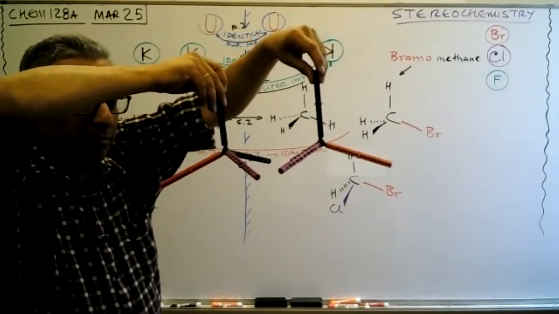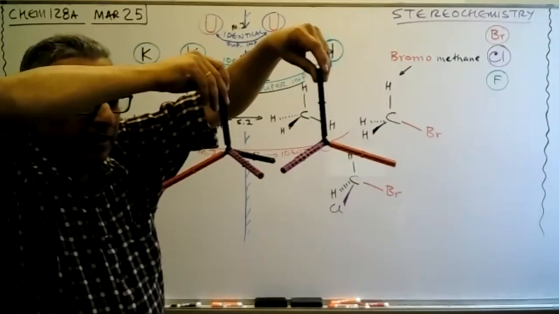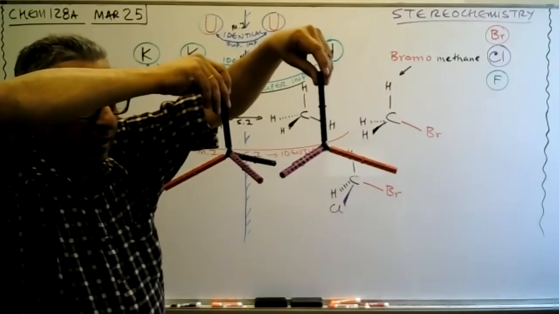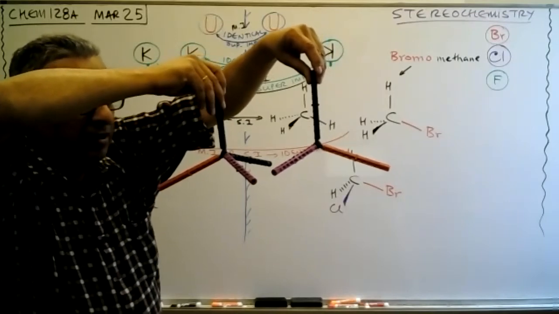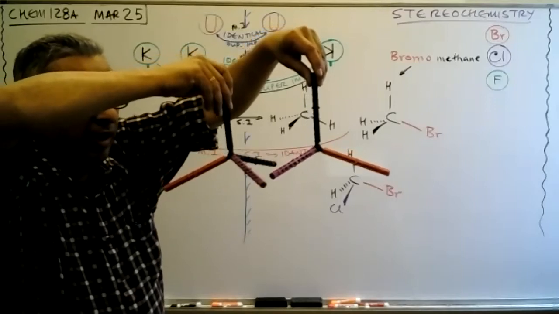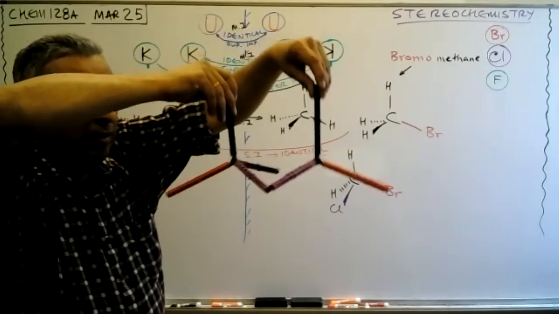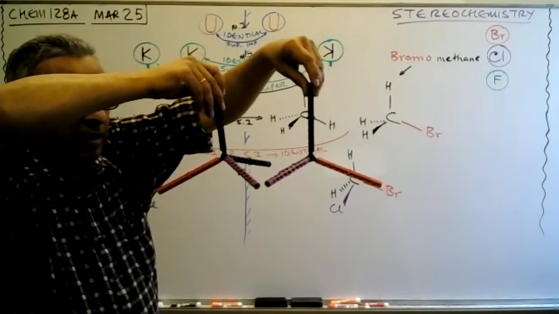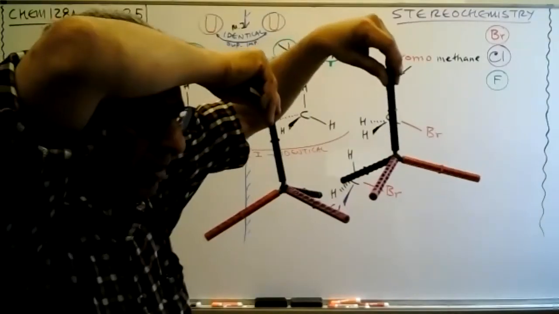Anybody else want to chime in? So if I try to lay the purple on top of the purple, the red on top of the red, do you think the blacks will line up? Yes. Georgiana, what do you think? They're superimposable? Yes.